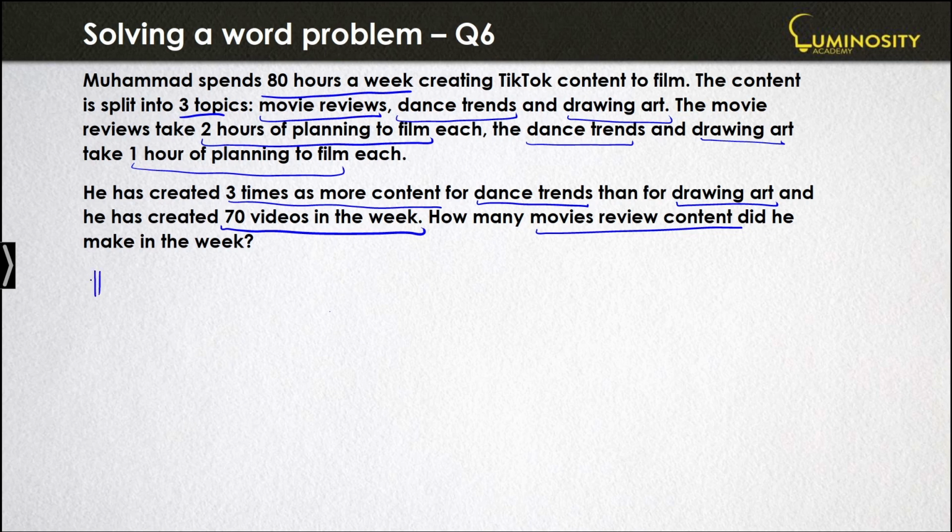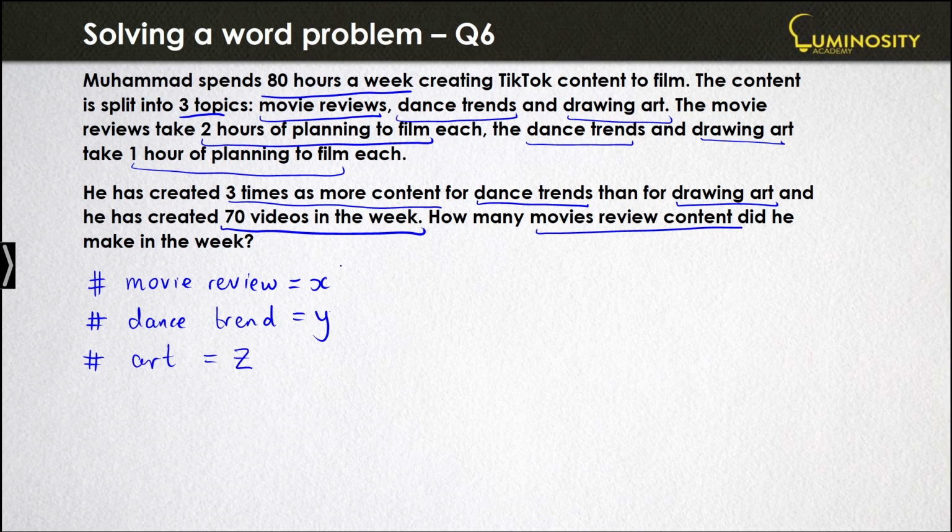We'll call the number of movie review content that he makes X. That's what we're looking for. The number of dance trend videos that he makes, let's call that Y. And the number of art videos that he makes, let's call that Z.